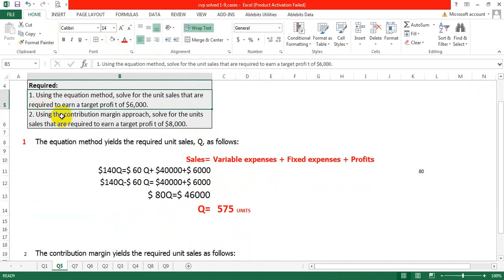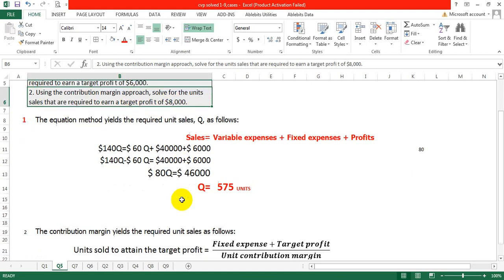Now the second requirement is, using the contribution margin approach, solve for the unit sales required to earn a target profit of 8,000. Again we want to solve for the unit sales, but here the target profit is 8,000.